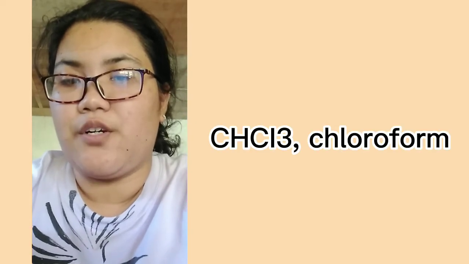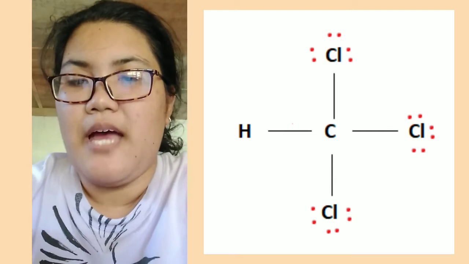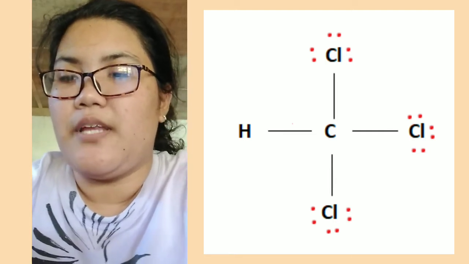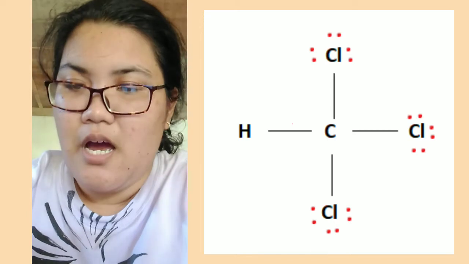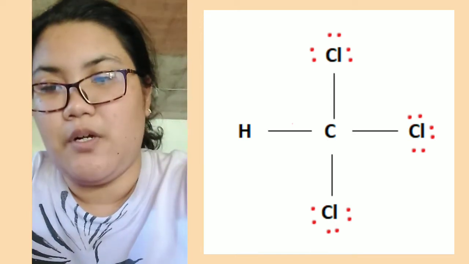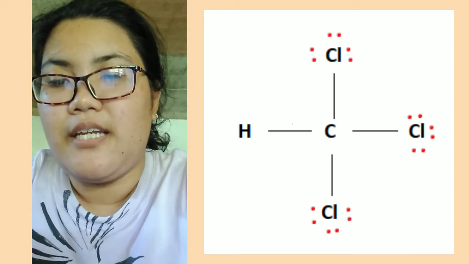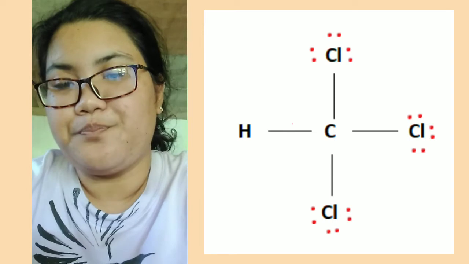Problem 1.6 is to write the electron dot and line bond structures of the following compounds. For letter A, CHCl3 or chloroform consists of a single carbon atom, a single hydrogen atom, and 3 chlorine atoms. Carbon acts as the central atom in its most stable form and forms 4 covalent bonds with the hydrogen atom and the 3 chlorine atoms.